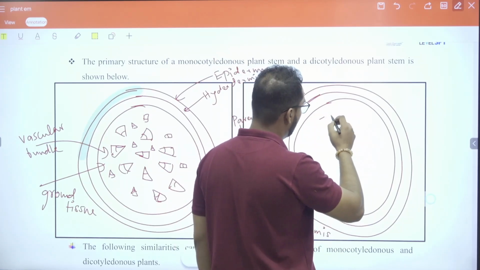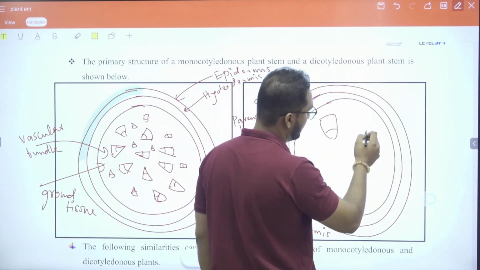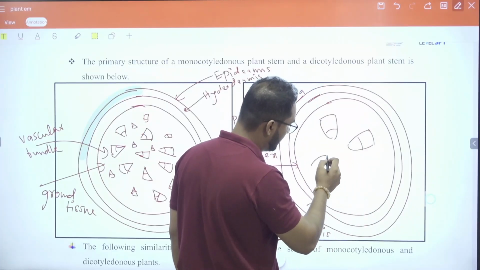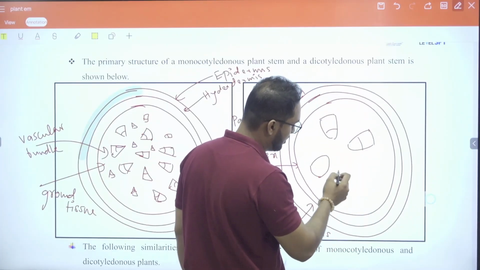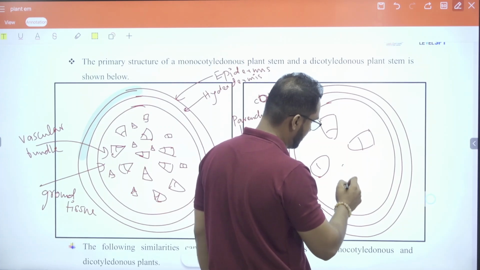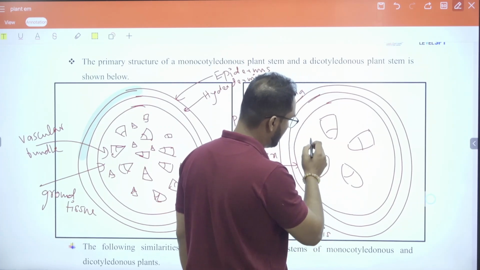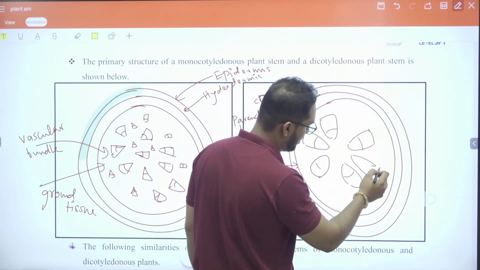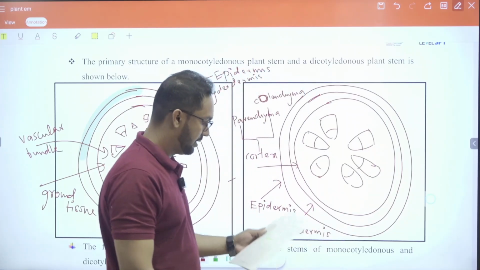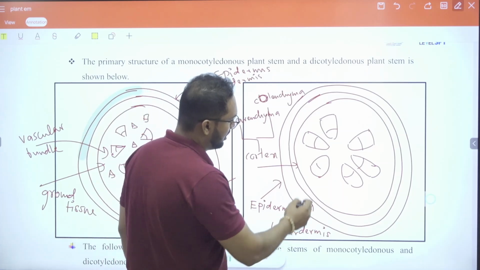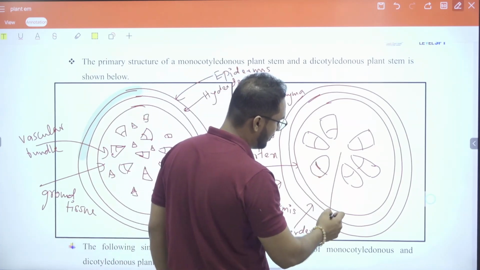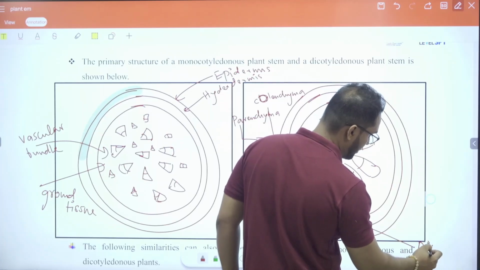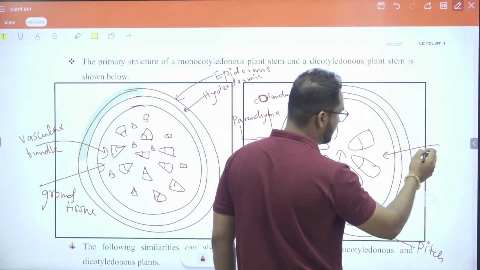And there are vascular bundles radially, which means they are in the radius, like this. This middle part is called the pith, and this is supposed to be the ground tissue.